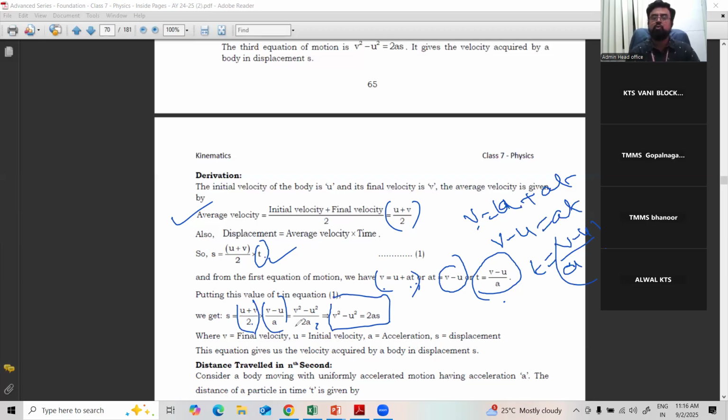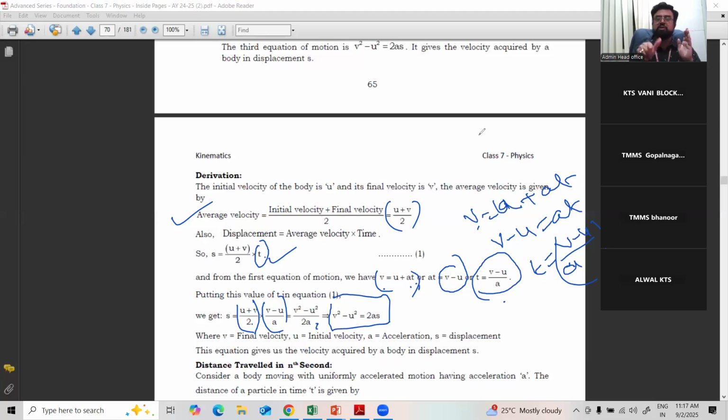Yes, simple. We use the second equation and first equation to get the third equation. Equation 3. Clear? From the first equation we have taken the t value, t is equal to (v minus u) by a. From the second equation we take S is equal to average velocity into time.